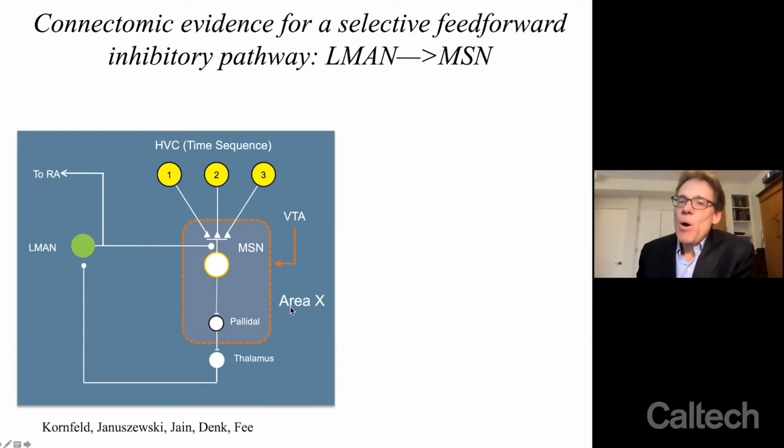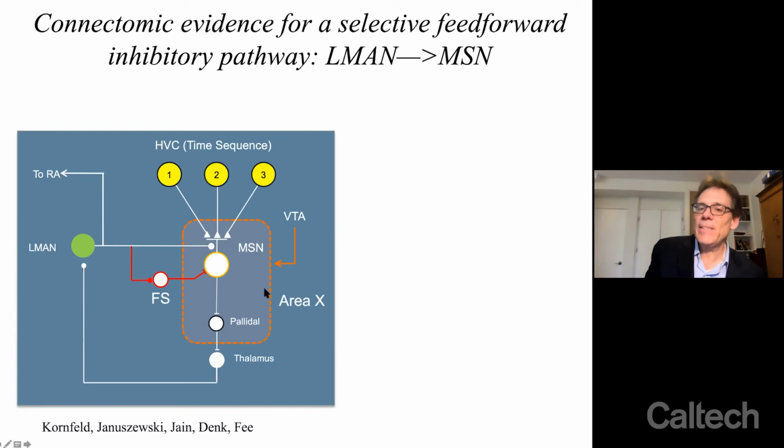So we've proposed that there may exist a selective feed-forward inhibitory pathway, potentially involving striatal fast spiking inhibitory neurons, the function of which would be to allow LMAN axons to depolarize the dendrites of MSNs, but suppress the actual spiking of the MSN soma that would normally result from that depolarization.